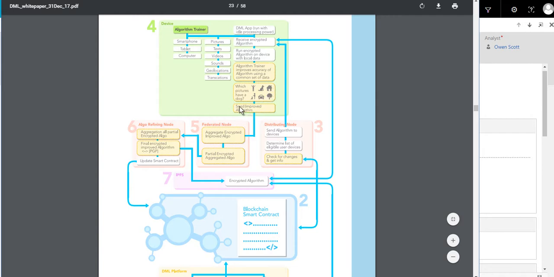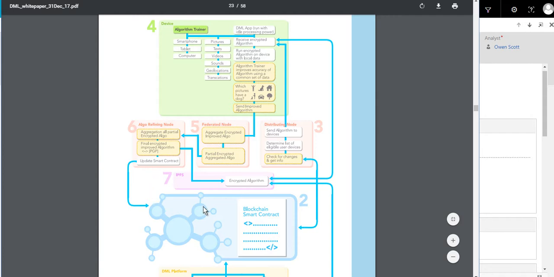And then they send the improved version up to the federated node. And then that goes to the refining node, and it takes all the results of that training, and it applies it to that algorithm.